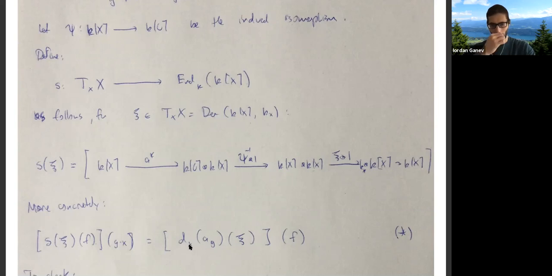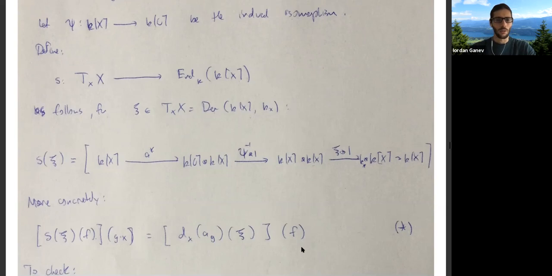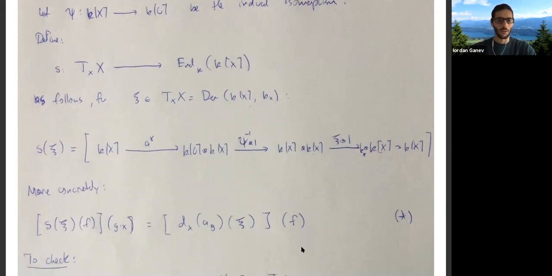We start at x, we apply the action map of g, we differentiate the action map, and then we feed in the tangent vector xi. So now we have a tangent vector at gx, and we can feed f into that tangent vector to produce an element in the field. That's possibly more concrete, possibly more confusing, way of saying what this map is.